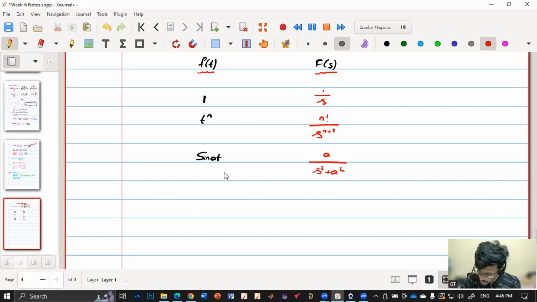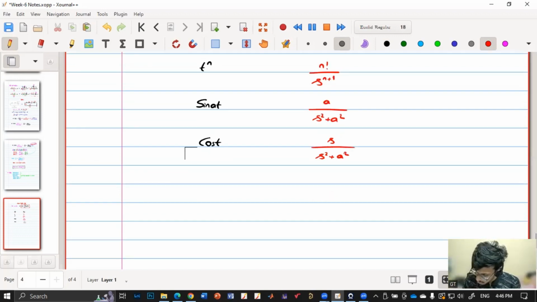Similarly, cos at, you'll get s by s square plus a square. Okay. Now if we go to e to the power at, in the s domain, it will be 1 by s minus a.